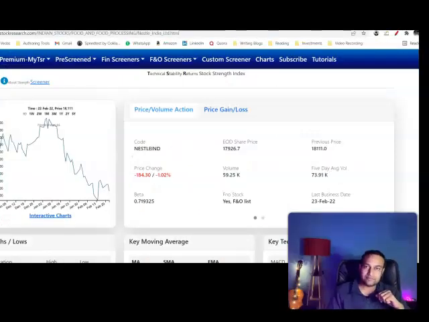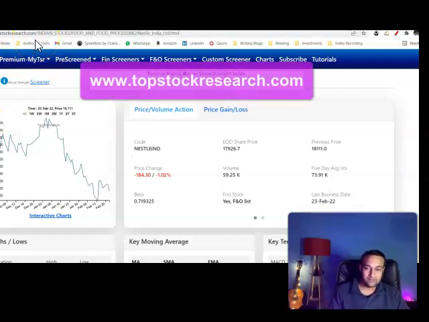Now, as we promised earlier, is there a way in which a retail investor can quickly investigate these things about a stock and make the right decision? The answer is yes. So there is a free website called topstockresearch.com, and on this website you can get all the tables and data about a stock without any charges.